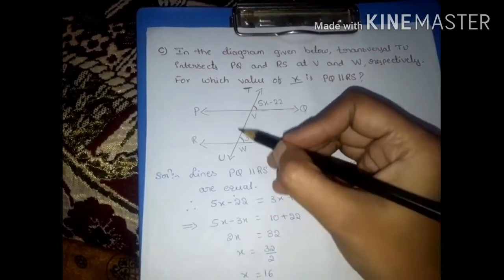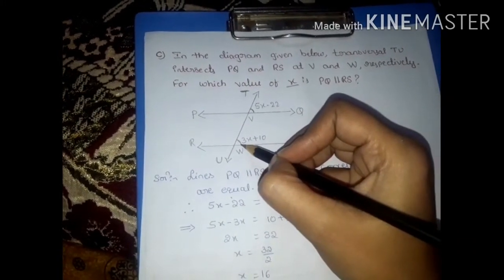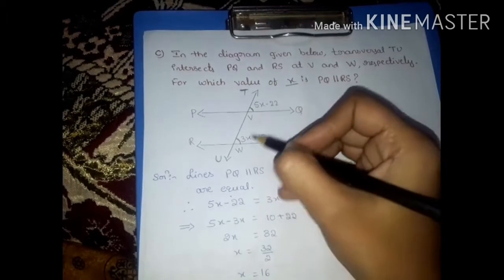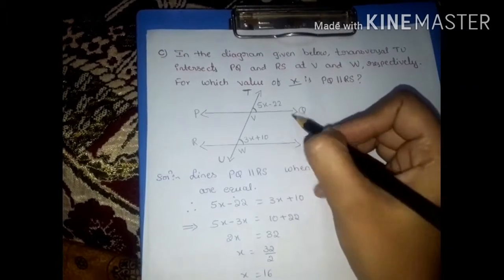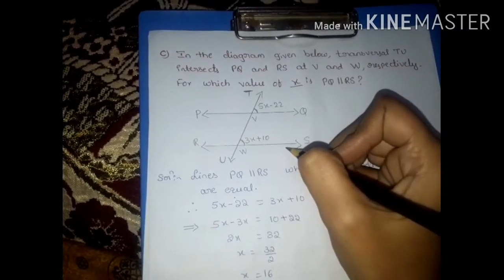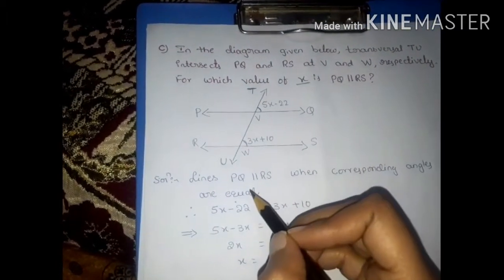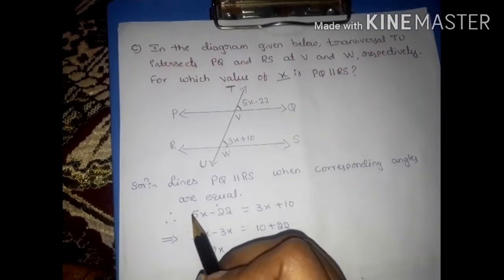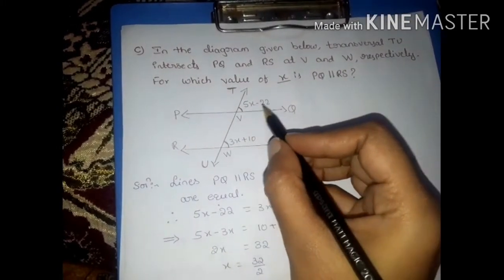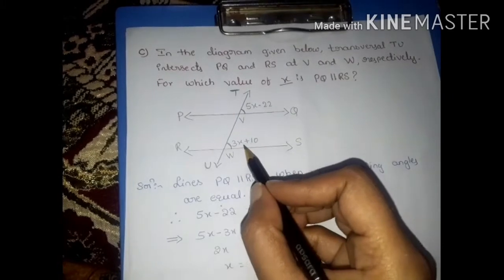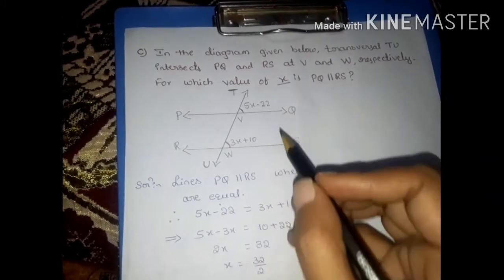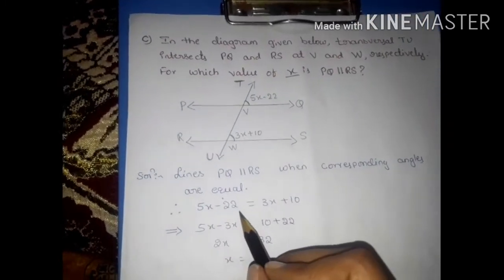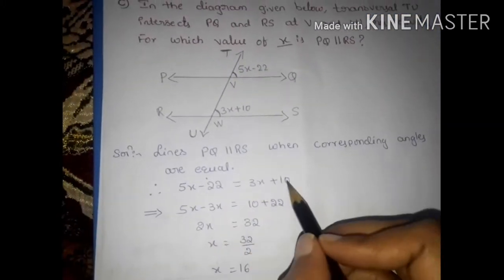One is outside and one is inside of a line. Then these two are corresponding angles. When these two are equal, we can say these lines PQ and RS are parallel to each other. Therefore, we can write 5x minus 22 equal to 3x plus 10 because corresponding angles are equal when the lines are parallel. So write down 5x minus 22 equal to 3x plus 10.